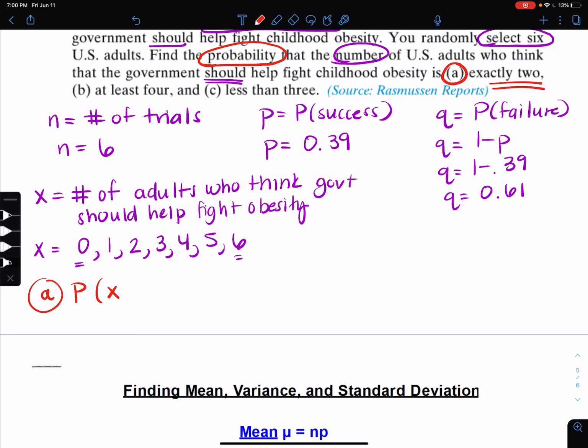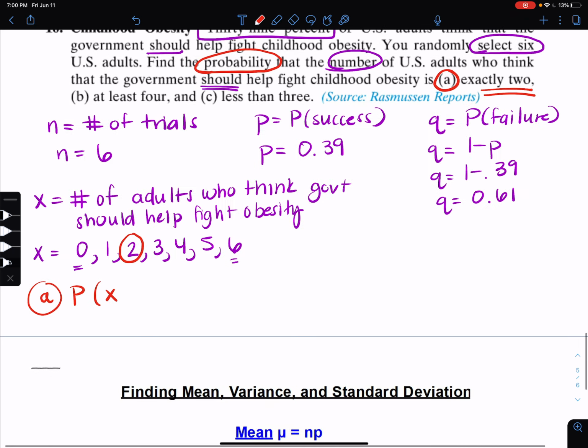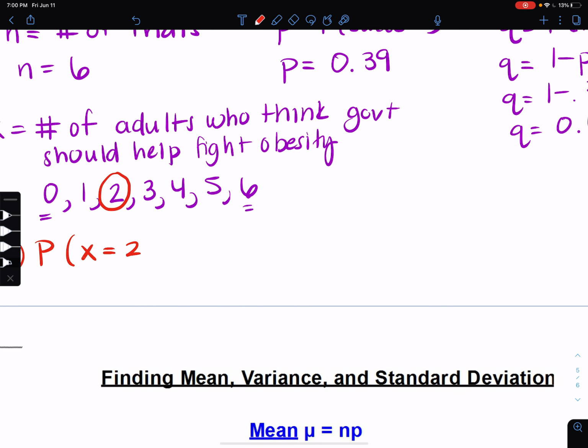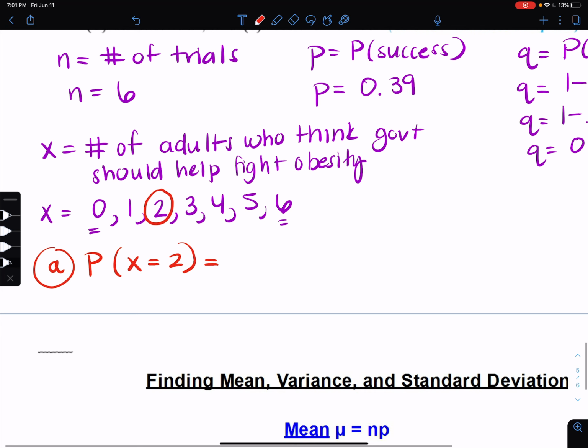So that's wanting me to look specifically at 2 successful trials. Now there is a binomial formula, and I left up the textbook video. It's underneath this one in the Learn assignment so that you could see some additional examples and also in case you wanted to see the use of the binomial formula.